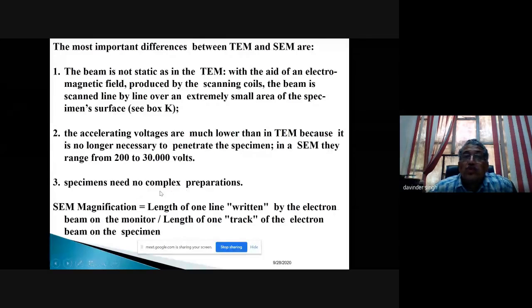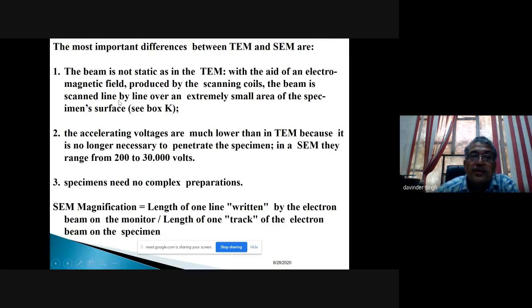Specimens need no complex preparation. SEM is easy, but for the TEM you need very thin sample preparation and more care. So that's why SEM is more common for materials analysis.